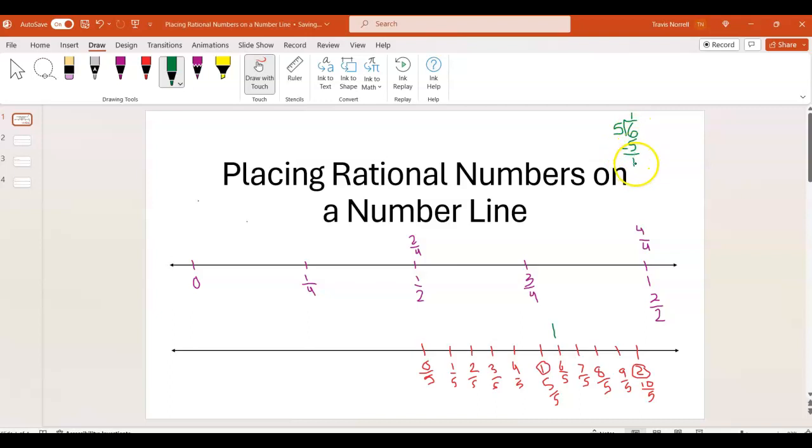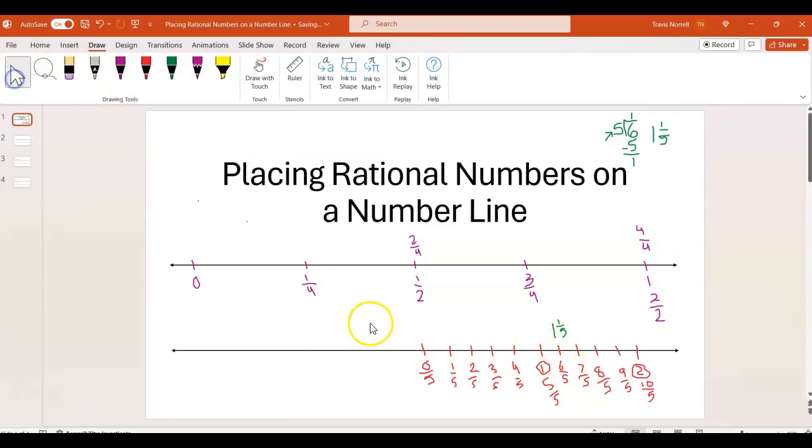I have a 1 as a remainder. So that would be 1 whole. My remainder is the numerator. And my denominator, the fifths, stays the same. I'm still talking about fifths. So as a mixed number, we're now talking 1 and 1/5. So 6 fifths becomes 1 and 1/5.